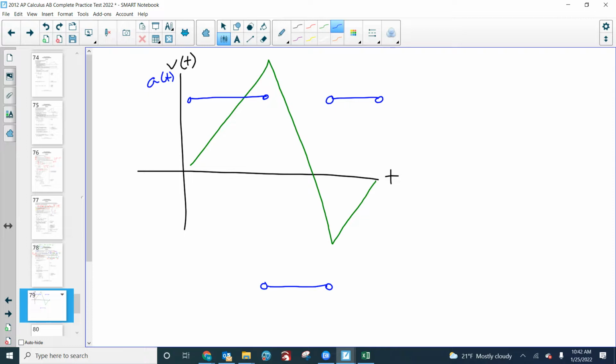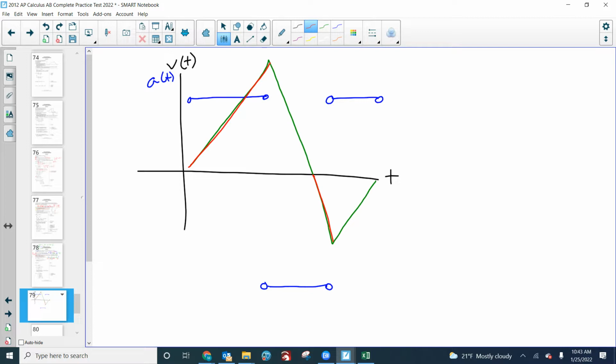But when is the speed increasing? Cool. When the acceleration is positive at the first part, and then when the graph is going past the x-axis at the bottom. Are you saying here? Yeah. Is speed increasing there? Is speed increasing here? Do you agree? Physics people, do you agree?